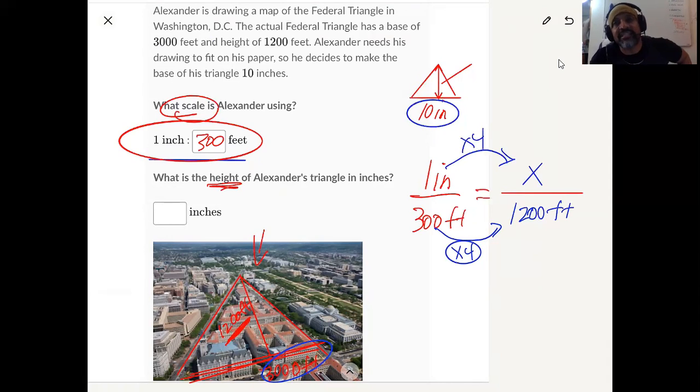Remember my discussion on Monday: if you can multiply one of the figures by a number and get the other corresponding figure, then they're proportional. We know these are proportional. So if we multiply the bottom by 4, we should also multiply the top by 4. So the answer for this one is just going to be 4 inches, because 4 times 1 is 4. So that's our answer. All right, let's go.